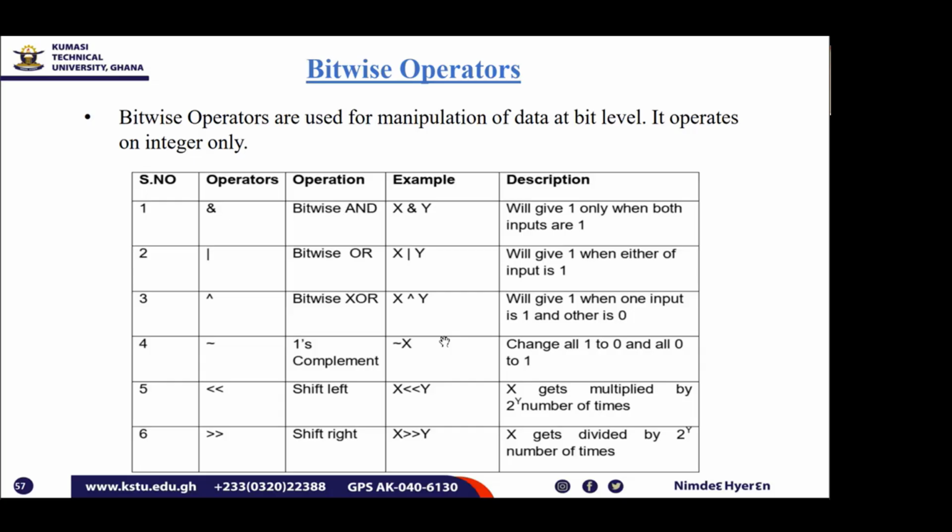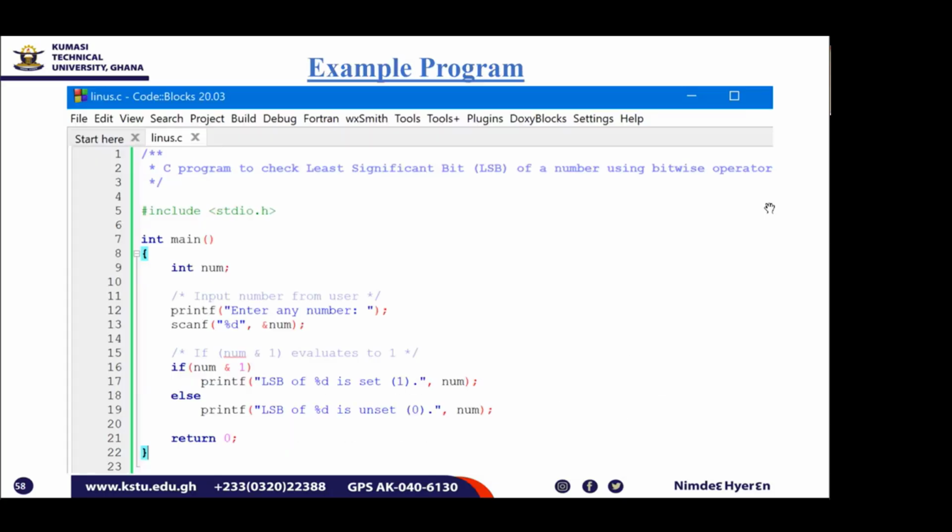So here, similarly, we have a simple illustration where we want to check the least significant bit of a number using the bitwise operator. So when we talk about the least significant bit, we also have the most significant bit.